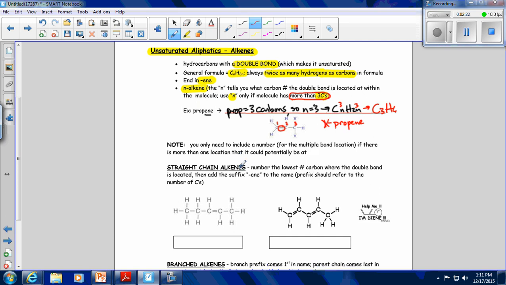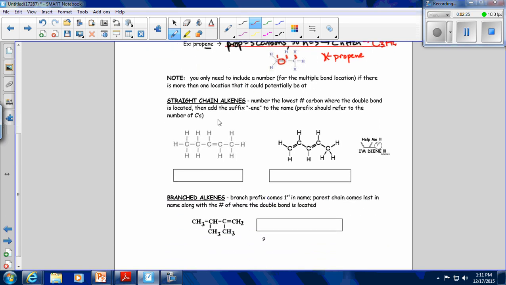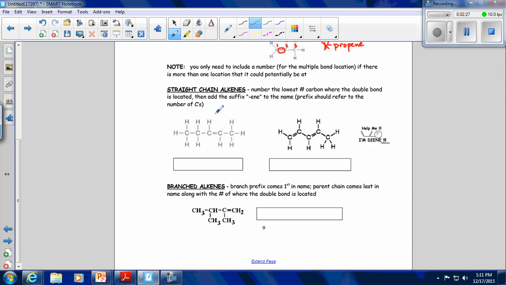All right. Now we're going to talk about some straight-chained alkenes, and then we'll get into some branched alkenes as well. Straight-chained alkenes first. Number the lowest number carbon where the double bond will be located. Then add the suffix ENE at the end. It's that simple. So if we take a look at our first example here, we can see that we have 1, 2, 3, 4, 5 carbon atoms.